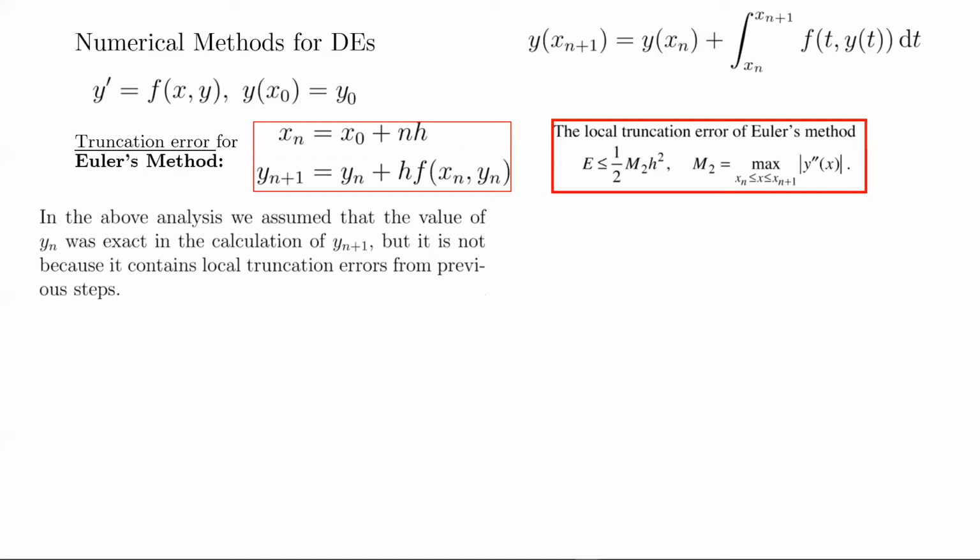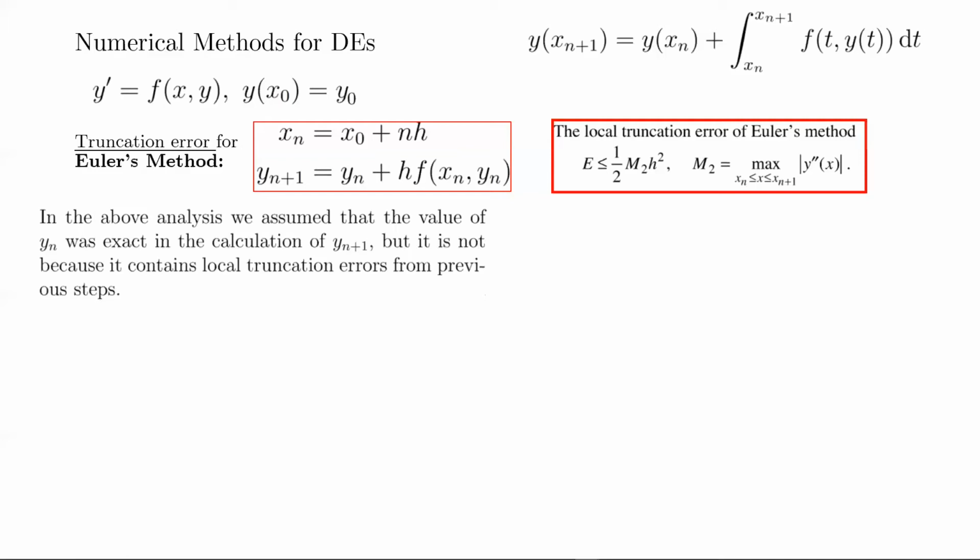So for example, if I take one step of Euler's method, I generate a local truncation error. If I take a second step, I generate a local truncation error, which is compounded by the local truncation error from the first step. Similarly, if I take a third step, I get a local truncation error from that step, and then that's compounded by the previous two steps, which also individually have local truncation error.